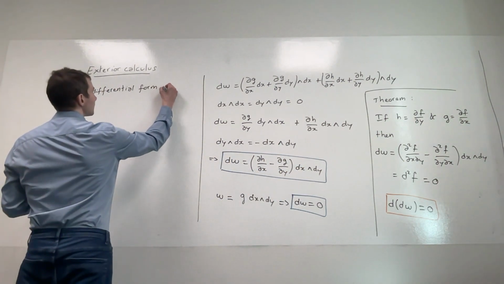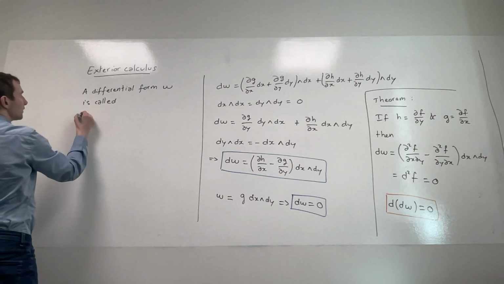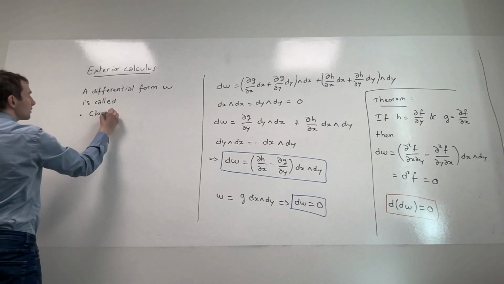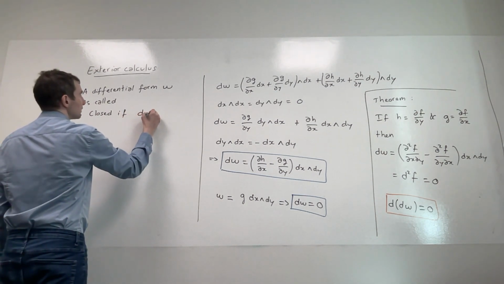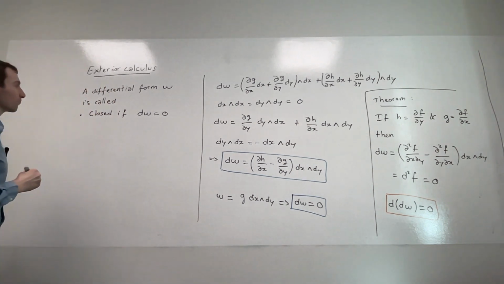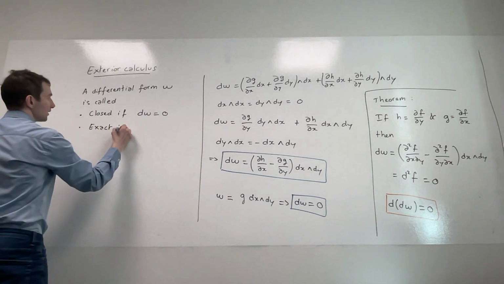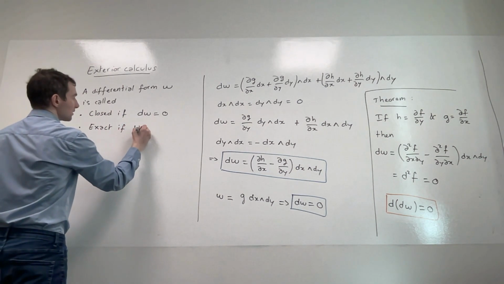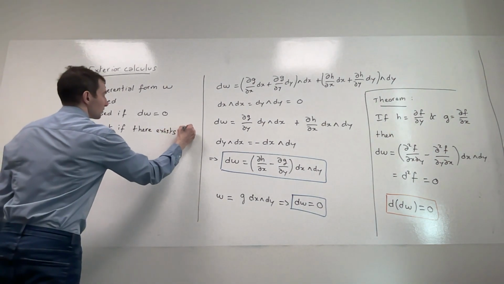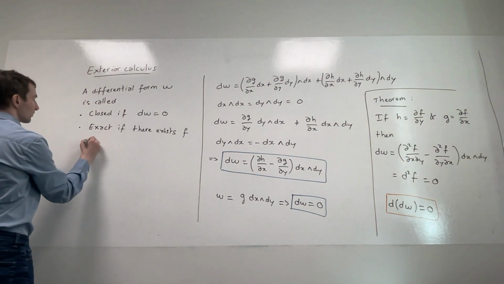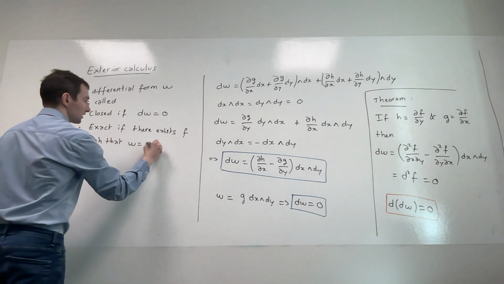So differential form omega is called closed if you've got d omega that is equal to 0. Okay, and exact if there exists f such that omega equals df.